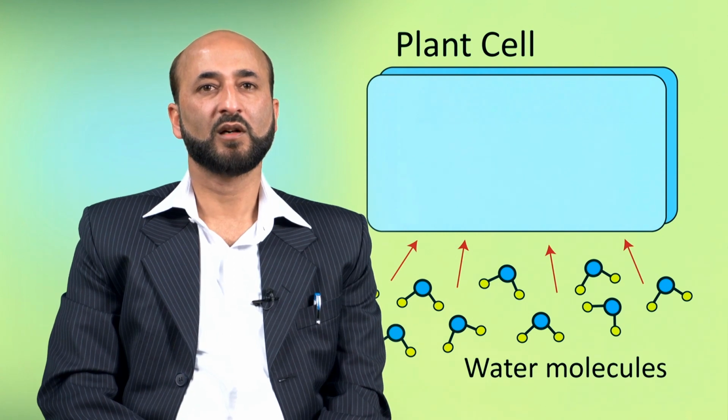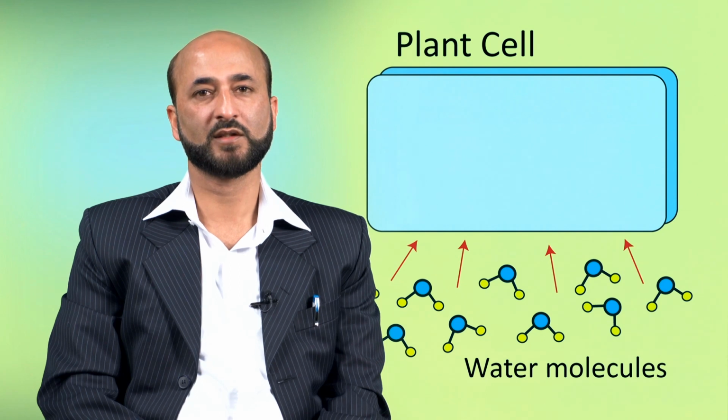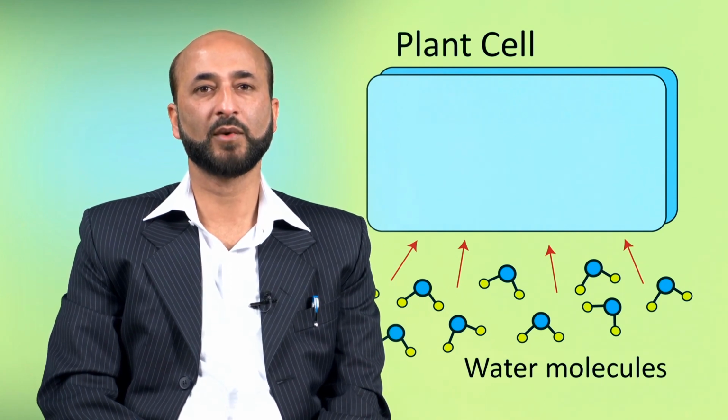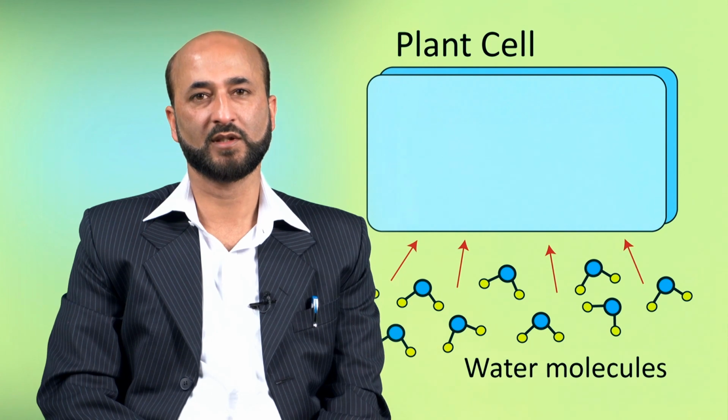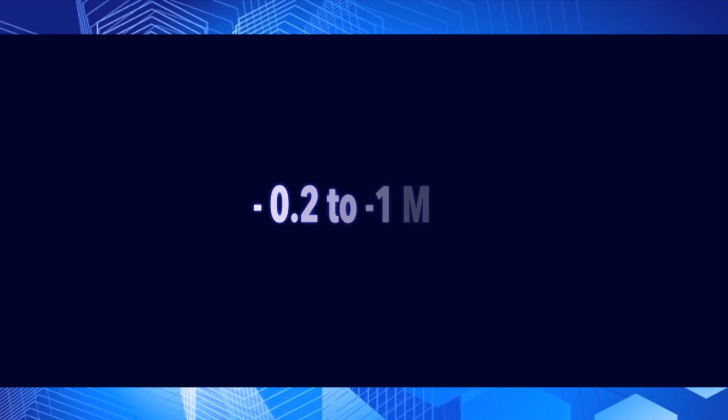Water potential is also a useful measure of the water status of the plants. It helps to find how hydrated a plant is and thus provides a relative index of the water stress the plant is experiencing. For example, water potential of well-watered plants is -0.2 to -1 megapascals.